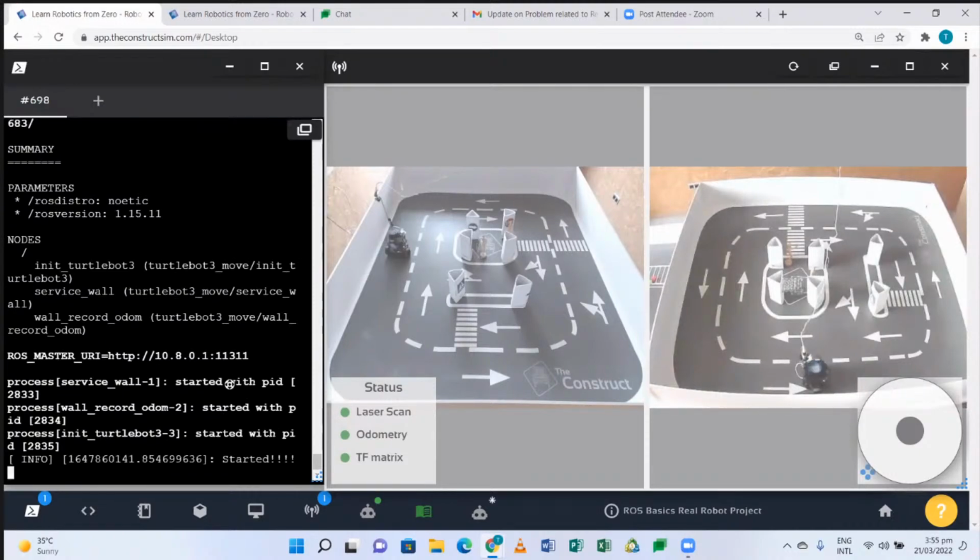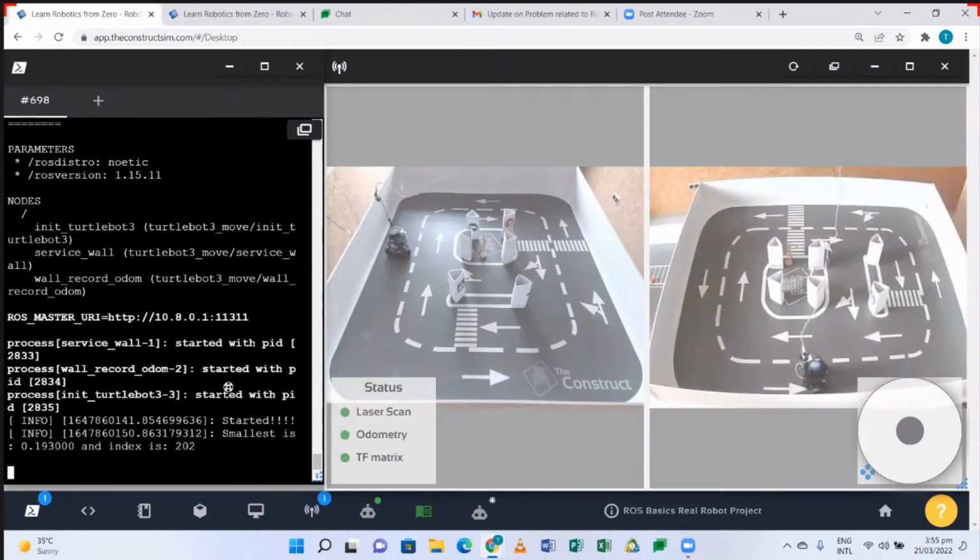Now it will first call the service and see which is the smallest value amongst the array of the lidar, and it says that the smallest is 0.193 and the index is 202. Now it will rotate and try to bring the front lidar array to around this value.